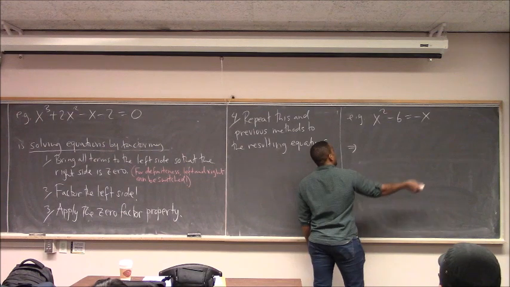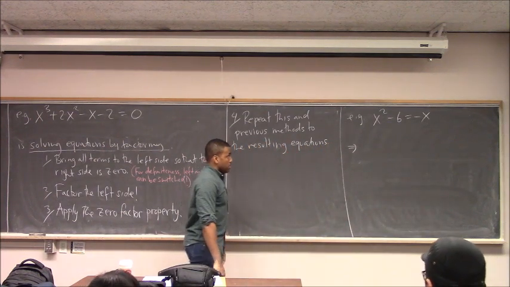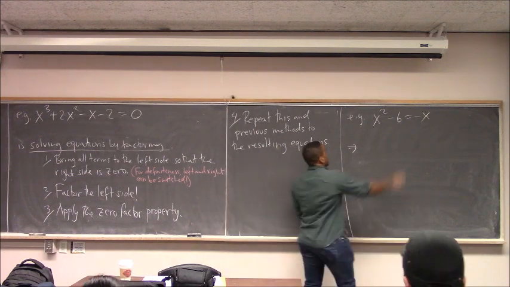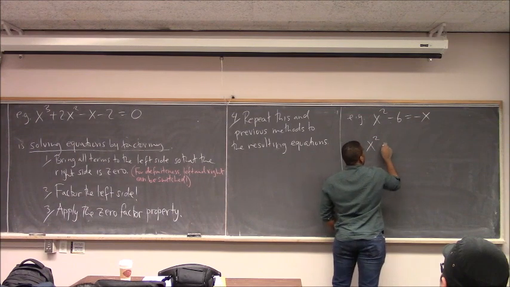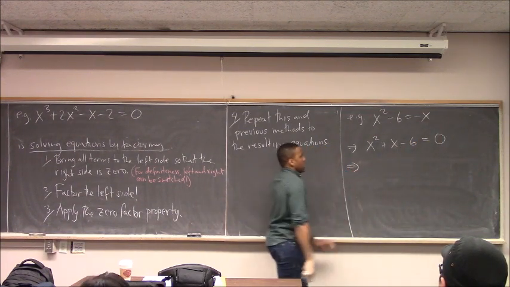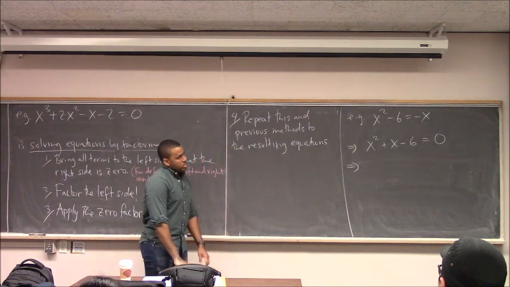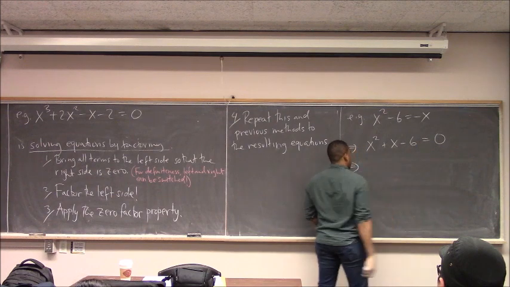Step one, bring everything to one side. We are allowed to do that because of property 1. So I can move this x to the left side to become plus x, so that there's a 0 on the other side. Now the next step would be to factor the left side.